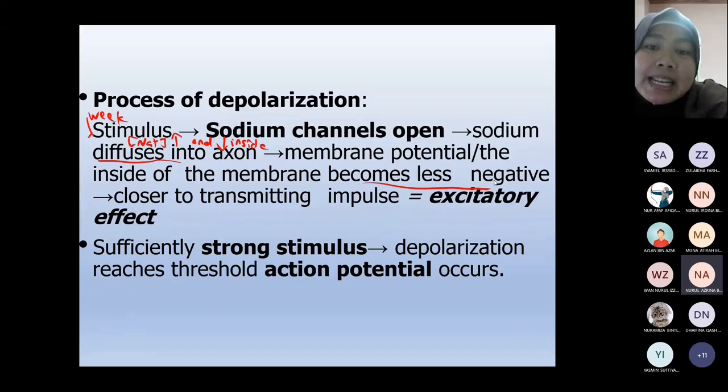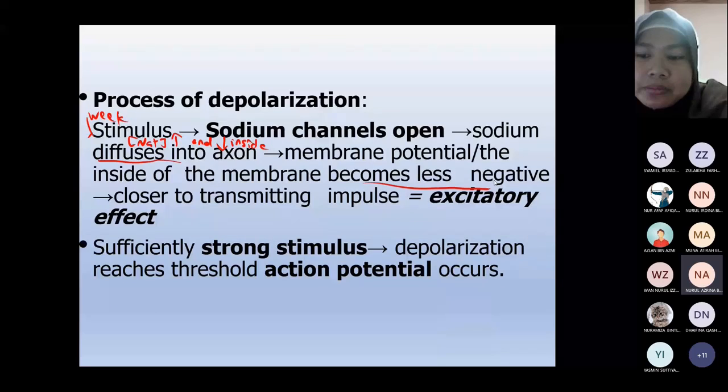It is less negative, but closer to the threshold. So this is what we call the excitatory effect, meaning a condition that is close to exciting the action potential, to produce the action potential.